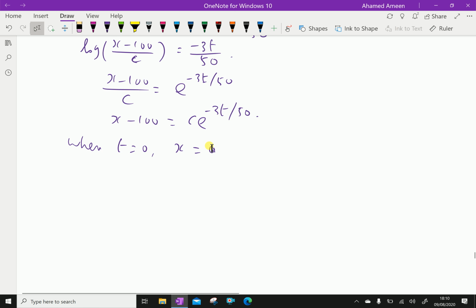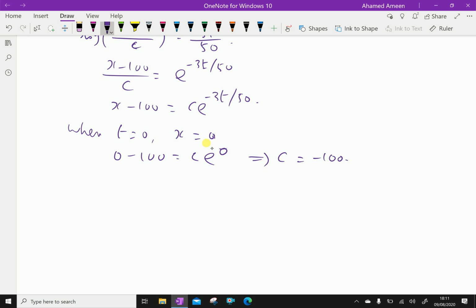So we put x as 0: 0 minus 100 equals c into e power 0, which gives c equal to minus 100. Then the equation becomes x minus 100 equals minus 100 e power minus 3t over 50.